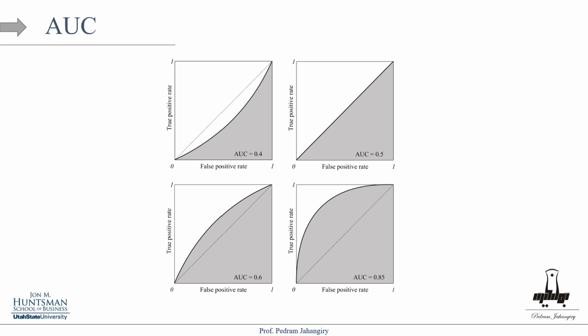Technically, it's defined as the probability that the classifier will rank a randomly chosen positive example higher than a negative example. Naively speaking, we can think of it as the probability that the classifier is able to distinguish classes, right?